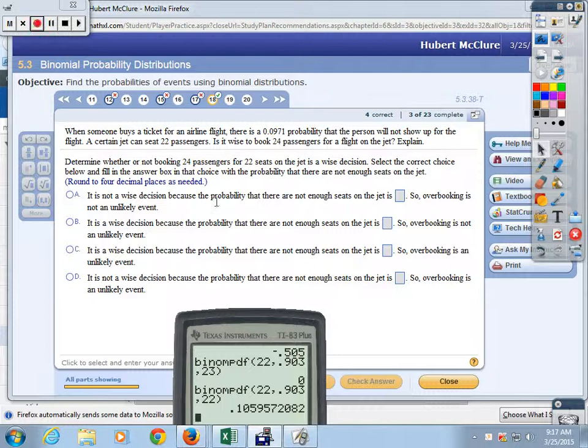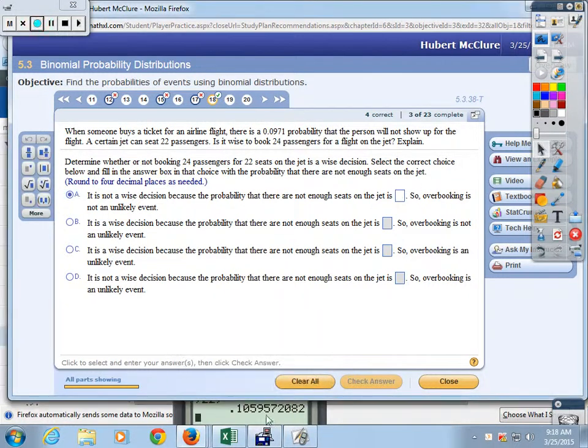Let's see. It is not a wise decision because the probability of not enough seats on the jet is... well, the probability of enough seats is 11%. So not enough would be what? 0.9. I would say the probability of not enough seats is 0.9.